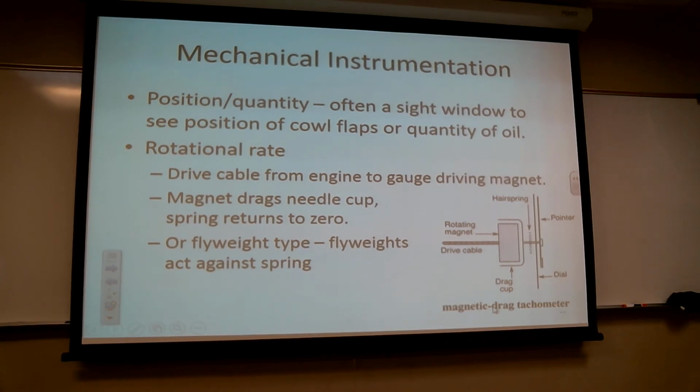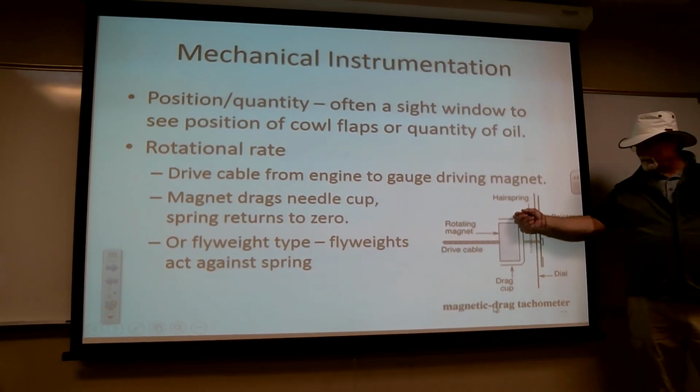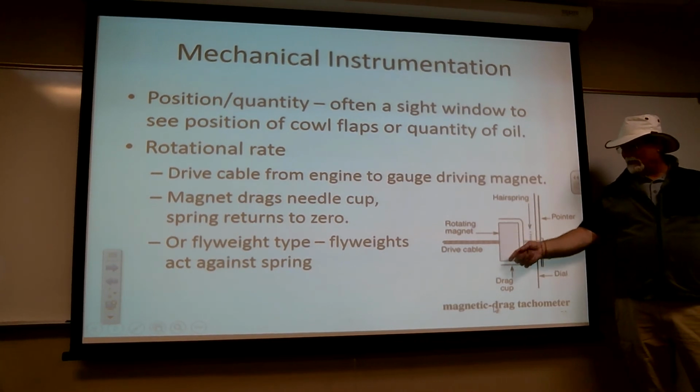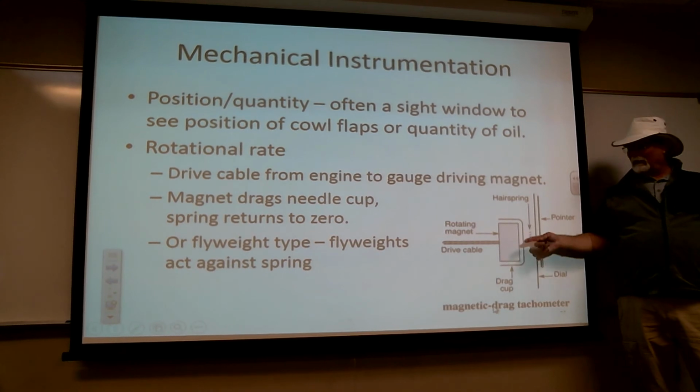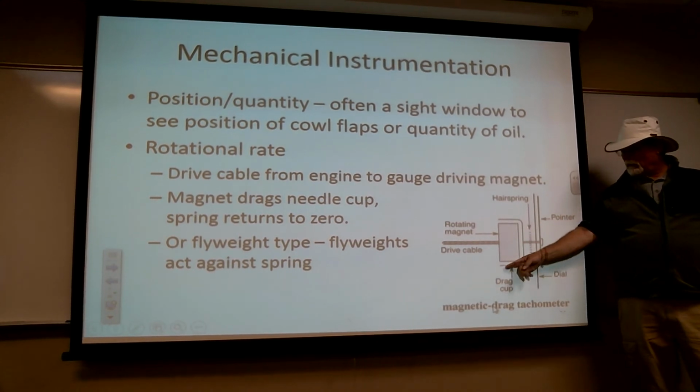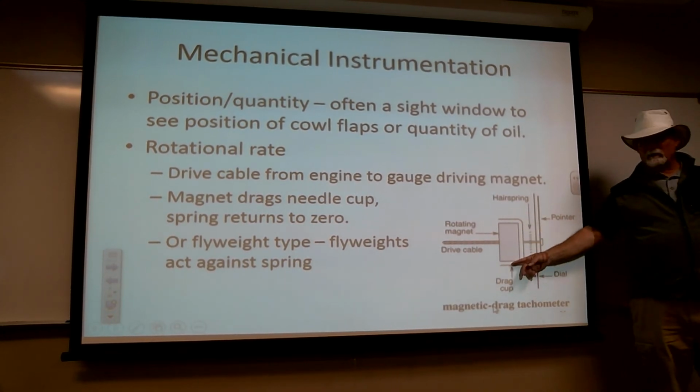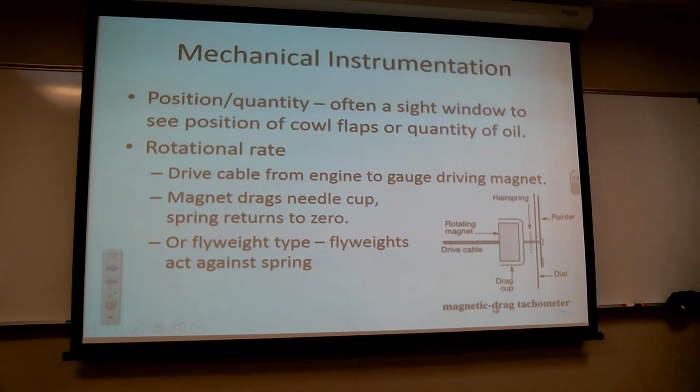That drive cable then will either drive the cup or the magnet. It's usually the magnet. There's a rotating magnet, and as that magnet is spinning around, that starts inducing eddy currents inside the magnetic cup. Those eddy currents start trying to couple with the electromagnetic magnet spinning around and cause the cup to start trying to pull.